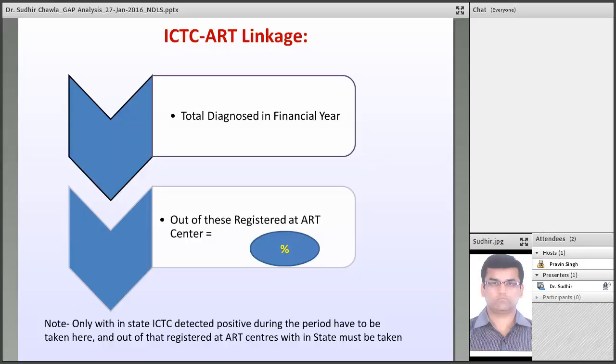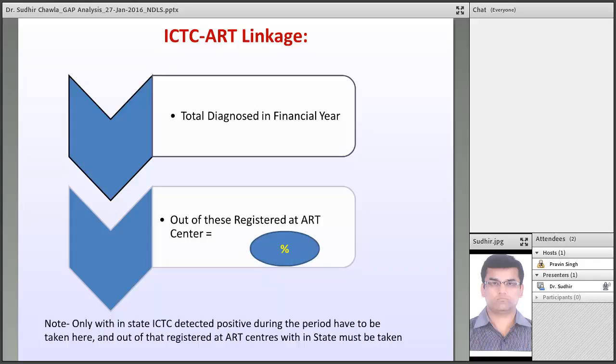While giving these two figures, we will get a percentage: those who are registered divided by those who are diagnosed, into 100. So we will get a percentage of patients who are registered at the ART center of this district. There may be some gap between diagnosis and registration. That gap we have to identify.